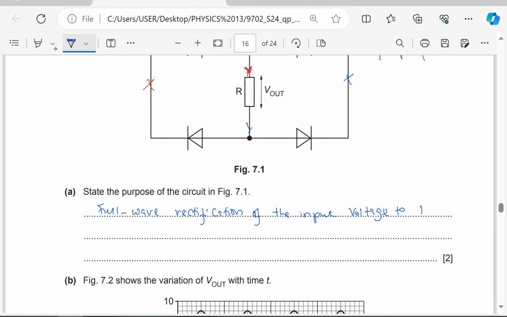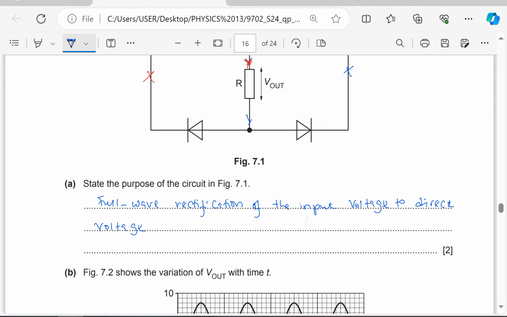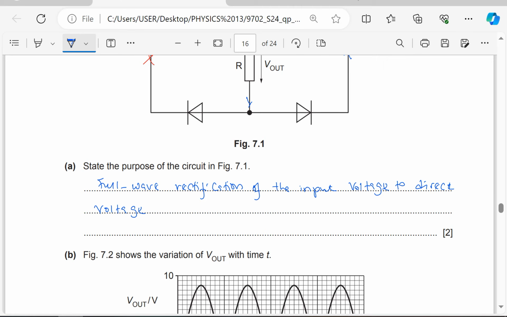To direct voltage, because both positive and negative inputs are turned to positive.